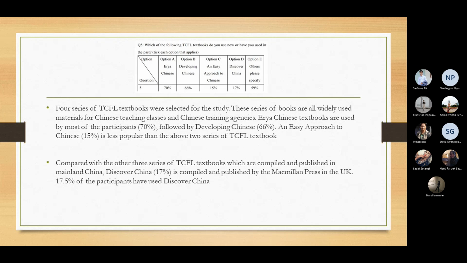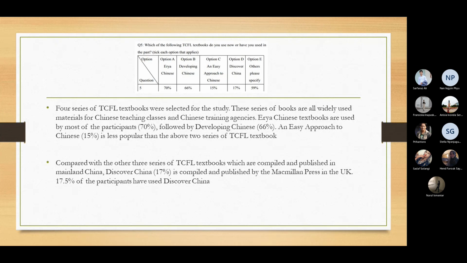So all of these four different TCFL books were included, and the participants were given the opportunity to select whether they had used them or not. The percentage is in front of you. The first book was selected by 70% of the participants, the second 60%, then 15%, and less for the rest, decreasing.